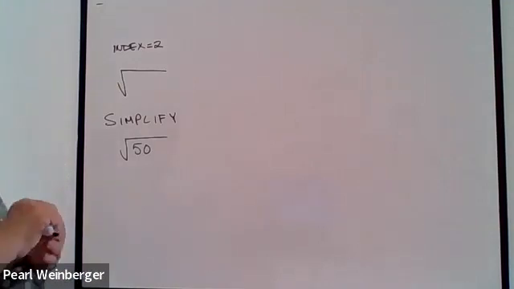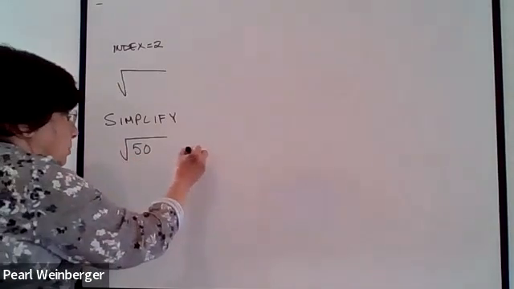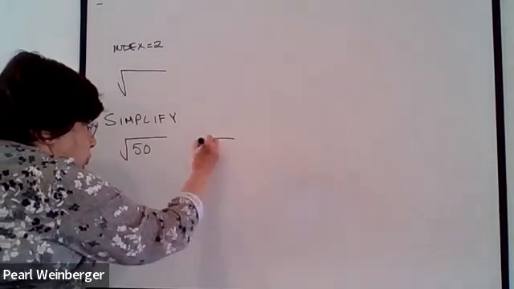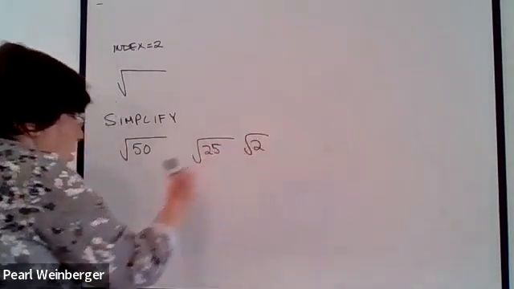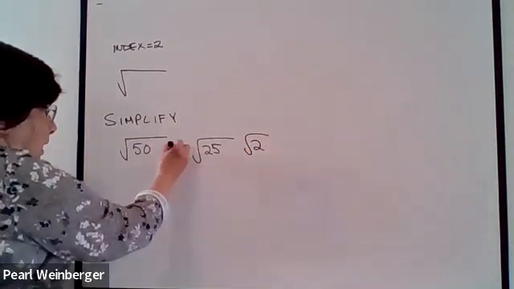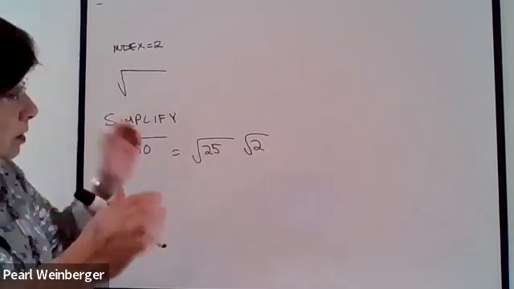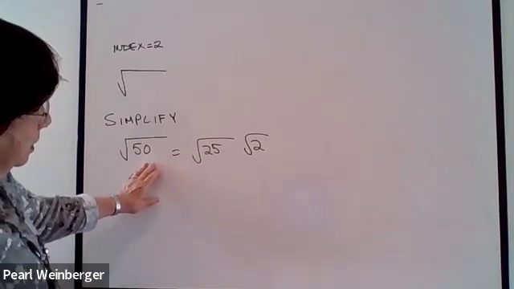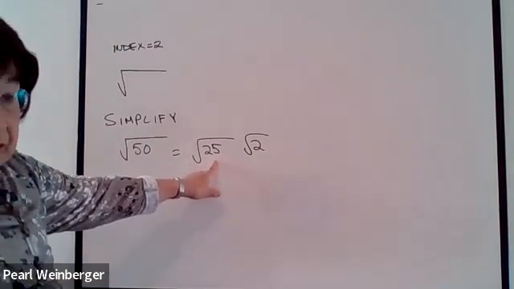But if you think about it, 50 really could be broken up into 25 and 2. 25 times 2 will give you 50. But there are other ways of breaking up the 50. The reason I picked it this way is because 25 is a perfect square.